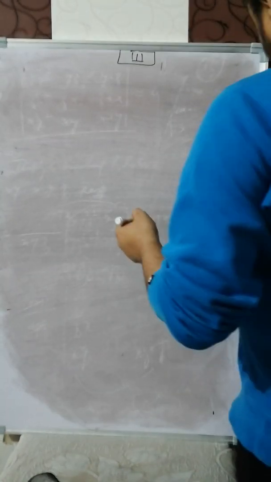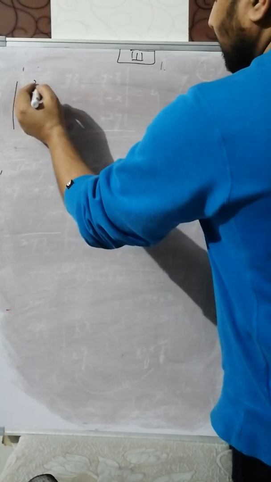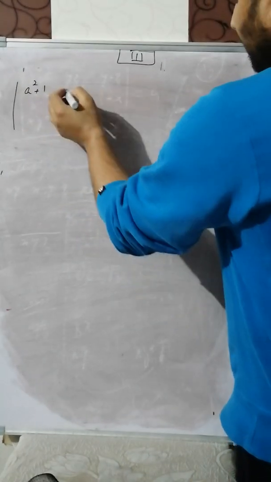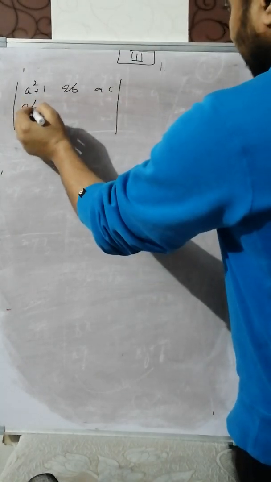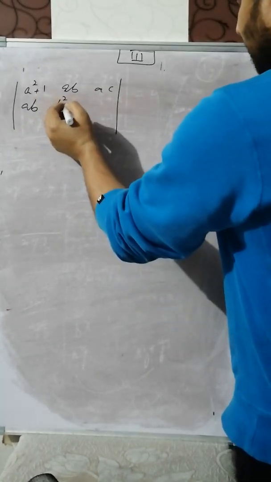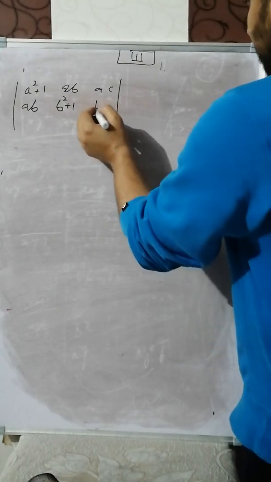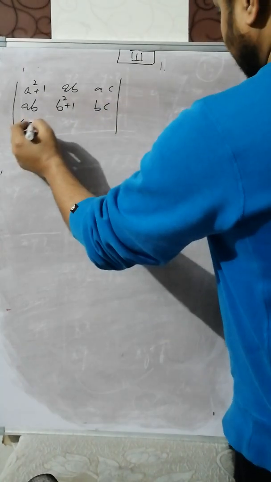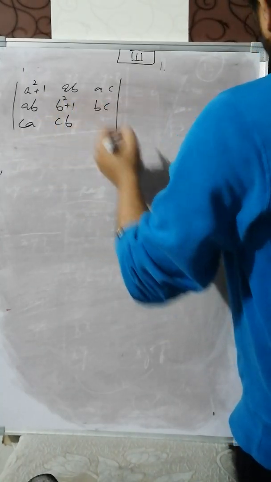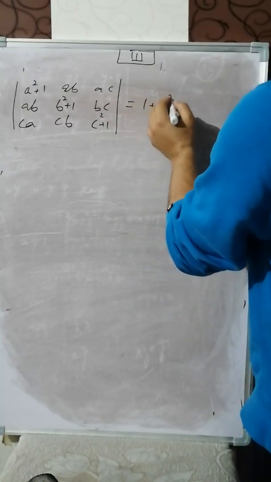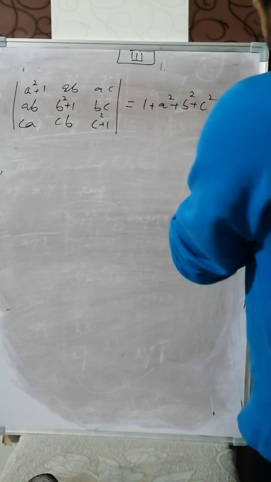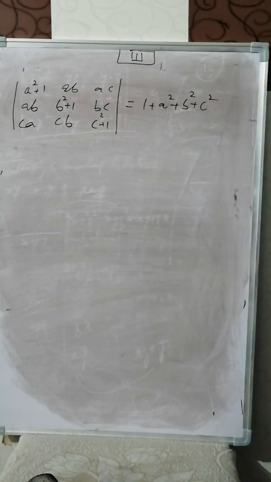The question is: a square plus 1, ab, ac, and again this is ab, this is b square plus 1, this is bc, this is ca, this is cb, and this is c square plus 1, and prove that this is equal to 1 plus a square plus b square plus c square. This is quite an interesting one, right boss? So this is to be proved.